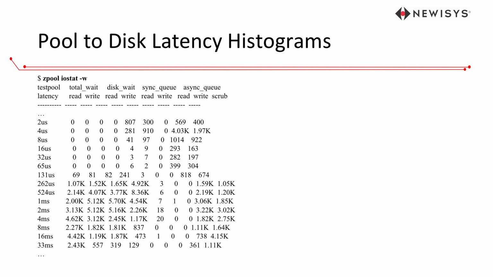We gather this data not only for the top level, which is what I'm showing here. When you do a zpool iostat -w, you get the top level roll-ups for all of the VDEVs underneath. But in fact, in the system, there is every VDEV all the way down to the leaf VDEVs, a histogram for all of these queues.